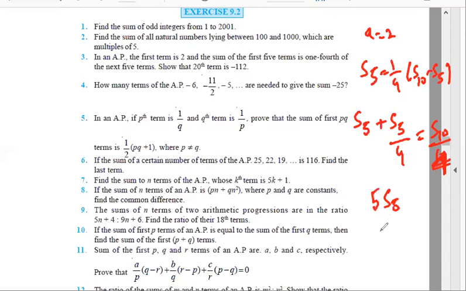Taking the LCM, 5 S5 by 4 is equal to S10 by 4. The 4 will get cancelled. So 5 S5 is equal to S10. Clear? Everyone is clear in this?